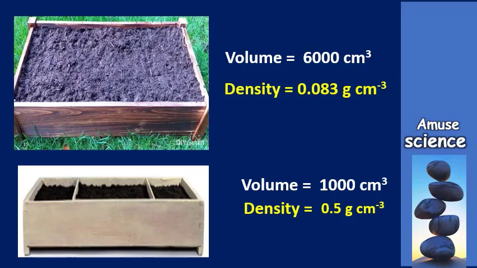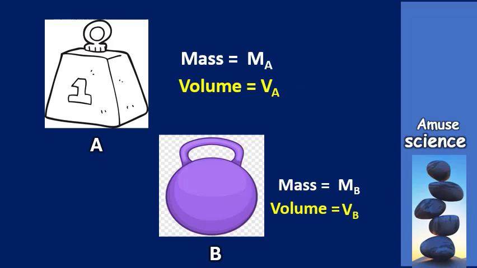Having had this particular understanding, let us do some analysis with some conceptual understanding. Let's assume you have two objects, A and B. The mass of object A is MA and the volume of object A is VA. Let's say the mass of object B is MB and the volume of object B is VB.